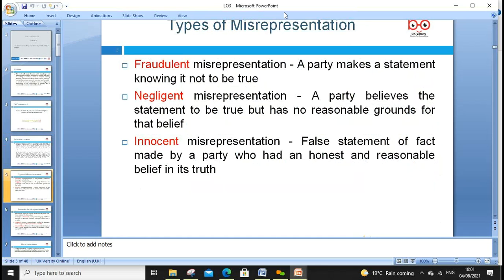So first, types of misrepresentation. We can misrepresent by saying things that are different from what is actually true. Normally, have we heard about ISO 9000, 14000? ISO is called the International Standard.